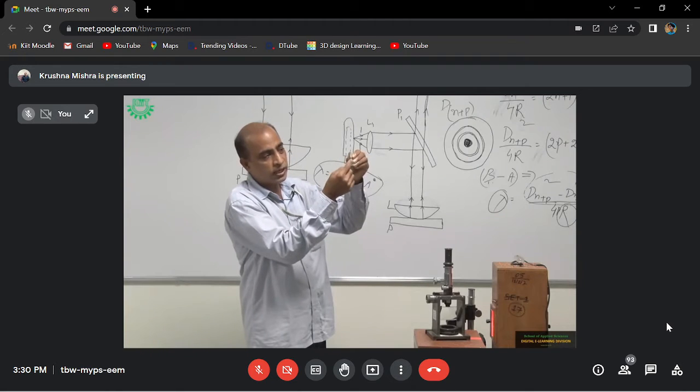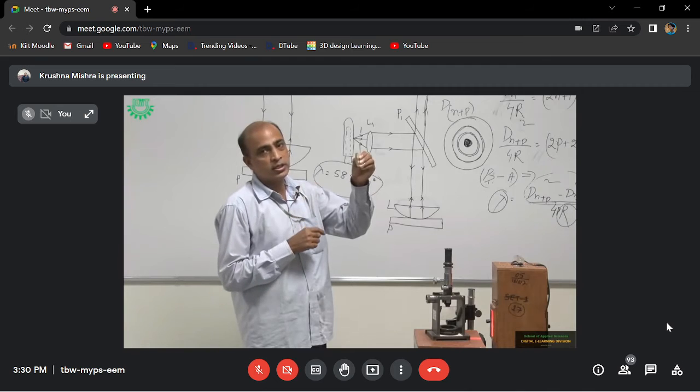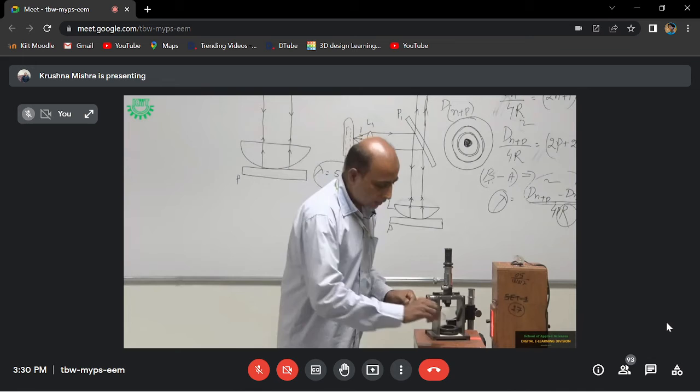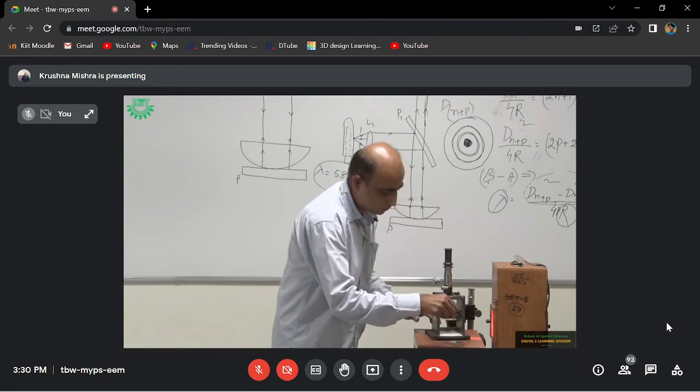The point of contact of these two becomes the center of all the concentric circular rings. Then it is simply kept over a stand here.